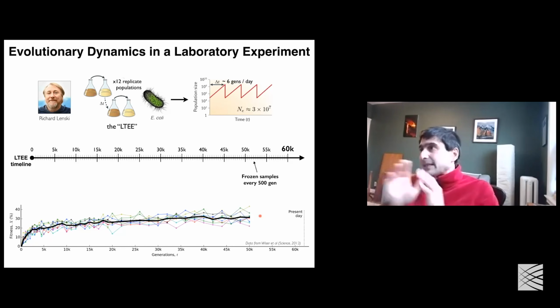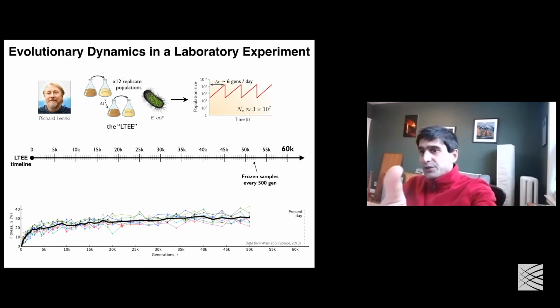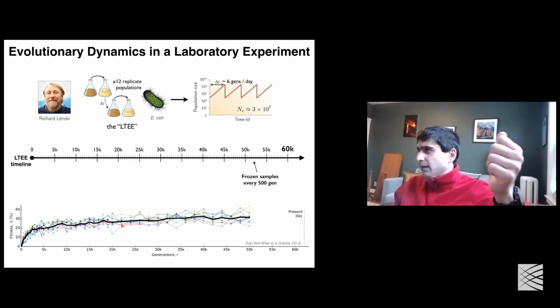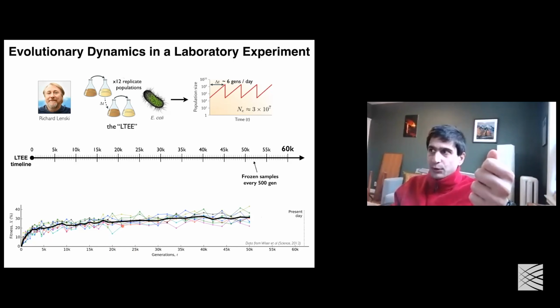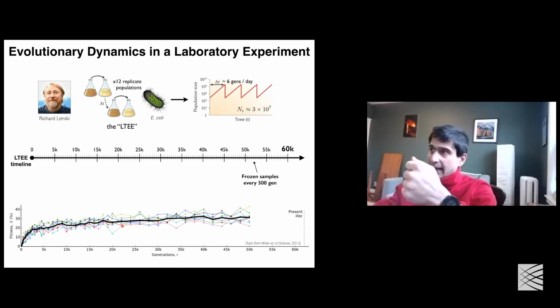This percentage basically means that you take the unfrozen population from whatever time point we're looking at here, say generation 21,000, from each of these populations, and you take an ancestor that has been labeled with a neutral marker, you mix them together in the exact conditions of the experiment, and you grow for a few days, according to this standard protocol.